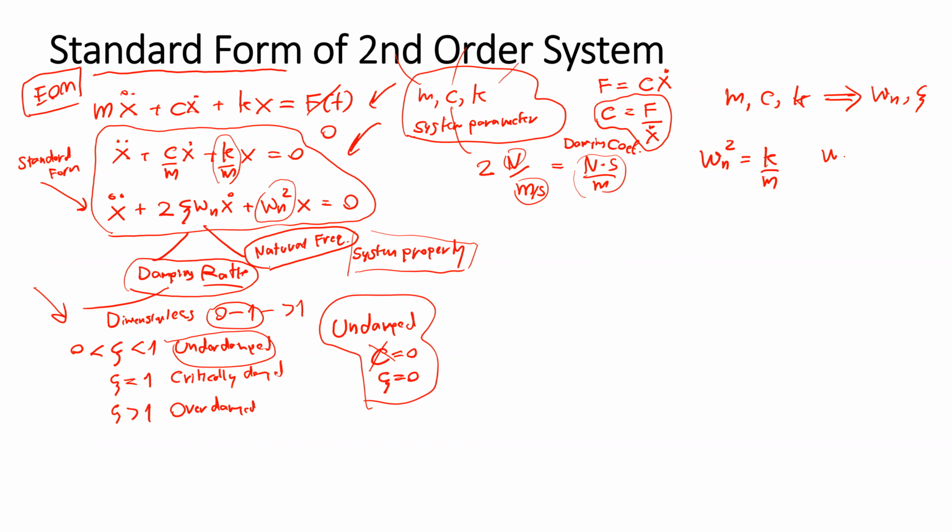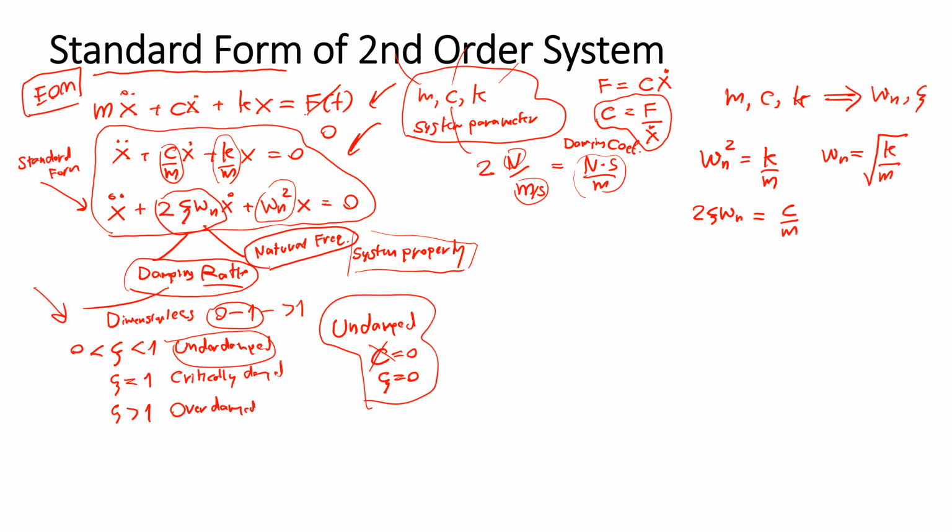So the natural frequency can be obtained from the square root of k per m. You are familiar with this from simple harmonic motion. How about the second term? 2 psi omega n needs to equal C per m, right?